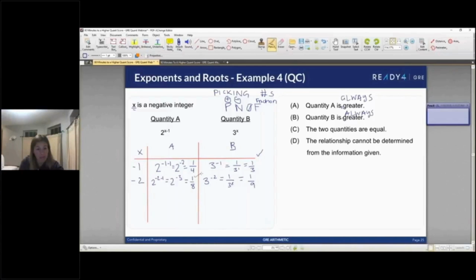This one's bigger. So depending on what value you pick for X, A could be greater or B could be greater. So the relationship cannot be determined. The answer is D. Remember, you only pick A or B if one is always greater than the other one, no matter what you pick for X. So the answer is D. Good answer, those of you who got D.